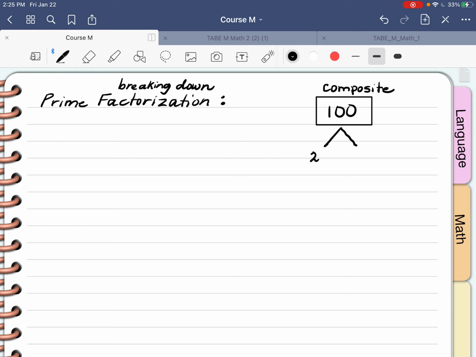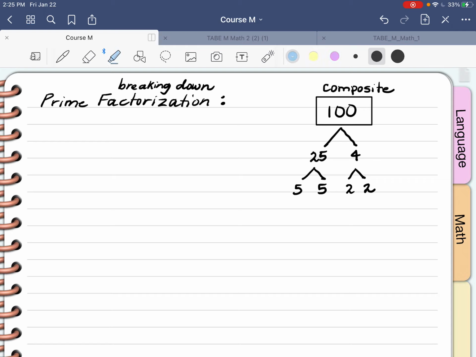That's a good one. 25 quarters make $1, or 4 quarters make $1. 25 times 4. 25 will break down to 5 times 5, and 4 will break down to 2 times 2. And then that low-hanging fruit is ready to go.